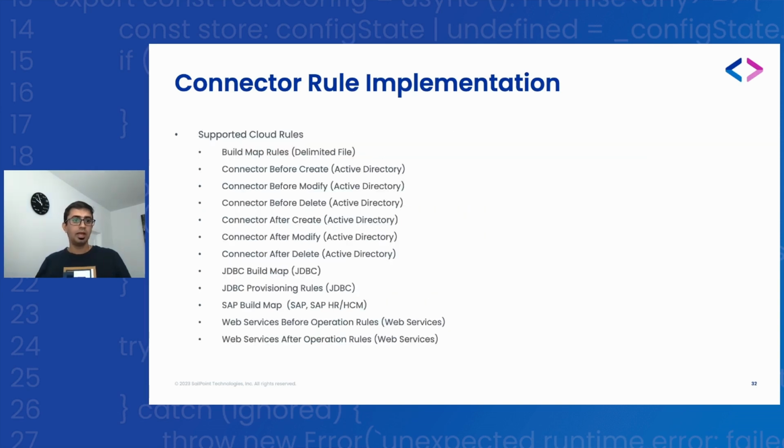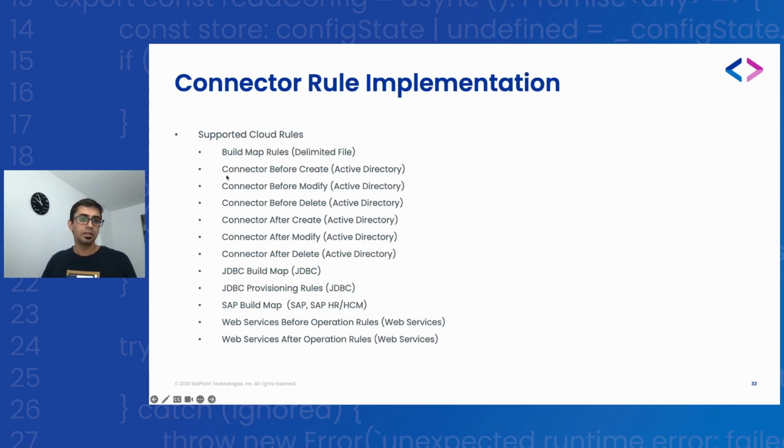Okay. Some of the examples of connector rules include the delimited build map rule. This build map rule is invoked during the aggregation flow, so when we are aggregating from a delimited data source and need to modify some of the aggregation data, we can leverage these build map rules.